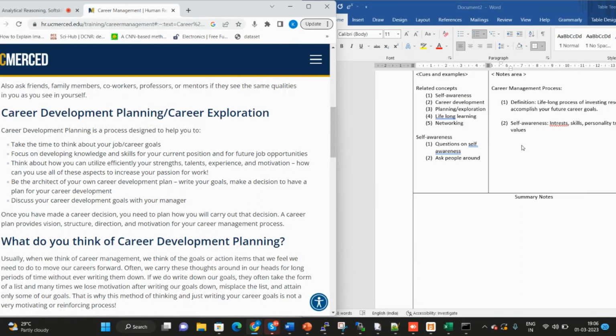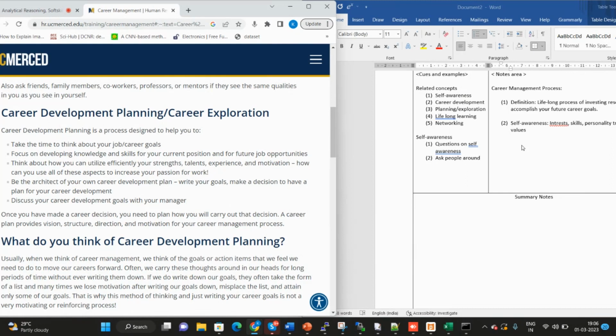Career development planning is a process designed to help you to take the time to think about your job or career goals, focus on developing knowledge and skills for your current position and for future job opportunities. Think about how you can utilize efficiently your strengths, talents, experience, and motivation. How can you use all of these aspects to increase your passion for work?